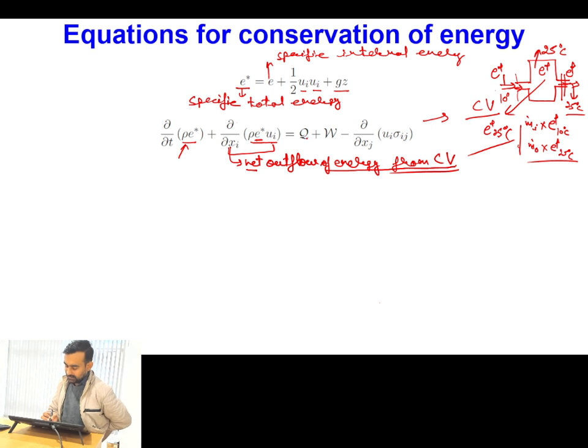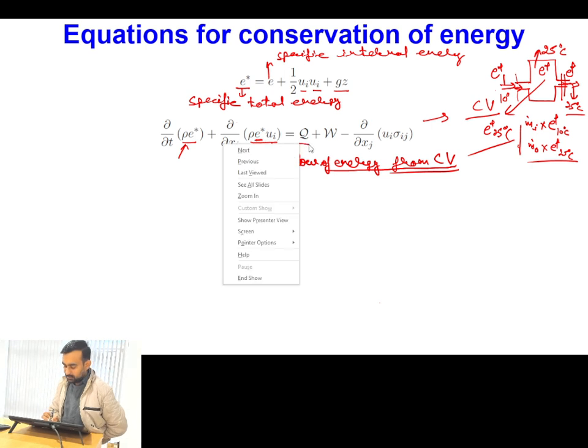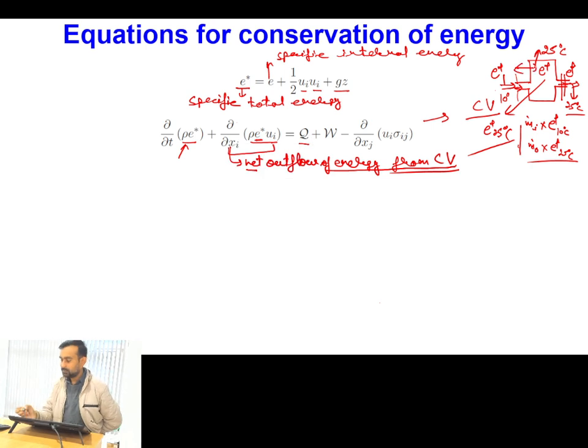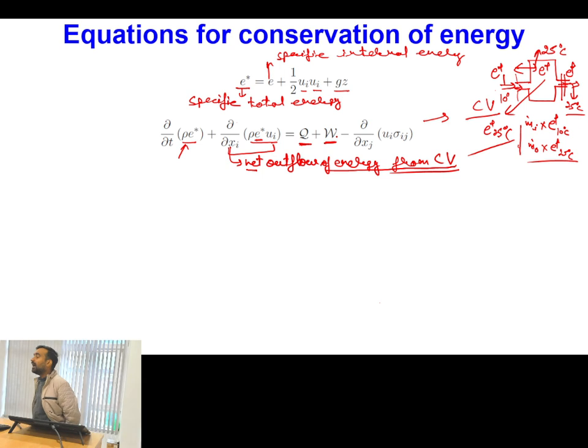And then, what can happen in a control volume? There can be heat interaction with the surroundings, which is Q. There can be work interaction with the surroundings, that is W. Other than that, what happens when we have a moving fluid across the boundaries of the control volume? Do you know something about flow work?